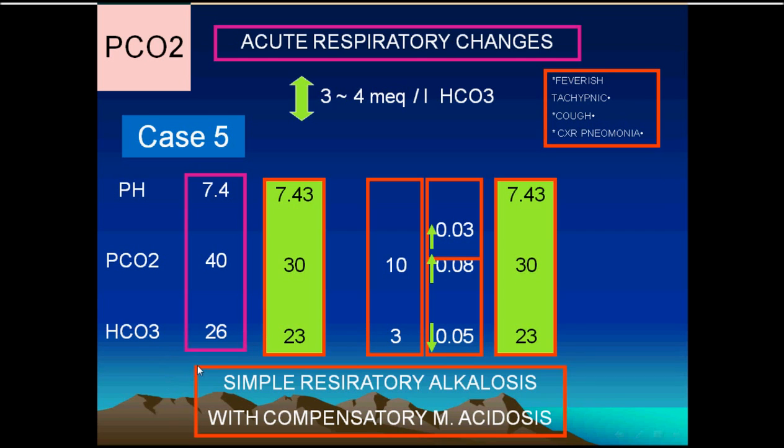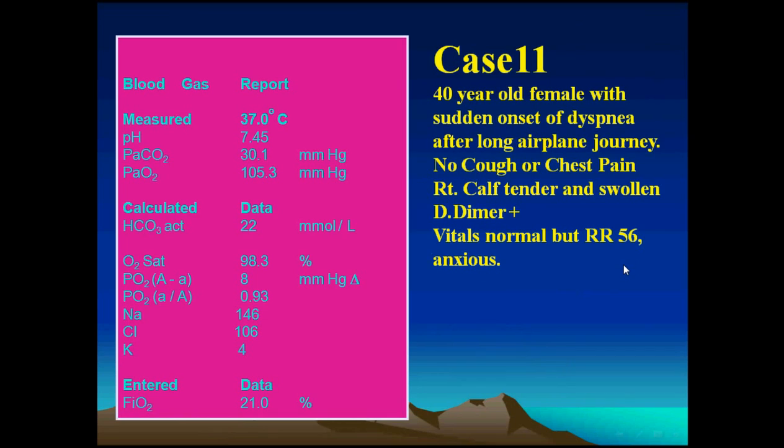This 10 milliequivalent bicarbonate makes a change in the pH of 0.15, and at the same time, for the carbon dioxide, 10 makes 0.08. So if you add this to that, there is some sort of increase in the pH by 0.03, so the pH is 7.43. So this is the simple way to calculate an acute respiratory change.